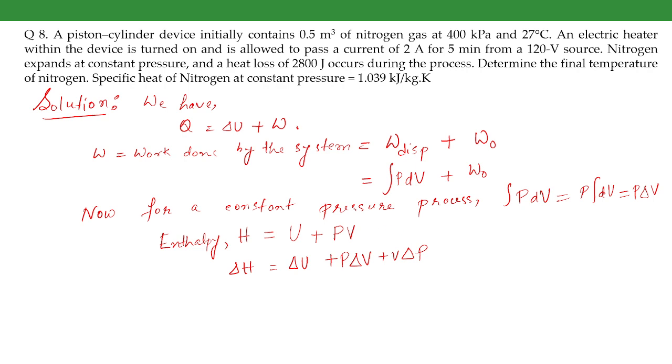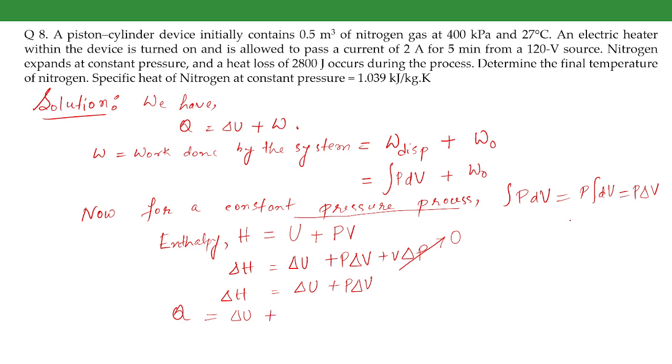Okay, so for a constant pressure process, delta P is 0. So this change in enthalpy becomes, for a constant pressure process, delta U plus P delta V. And if we write this equation, Q equals delta U plus W can be written as W displacement plus other forms of work.